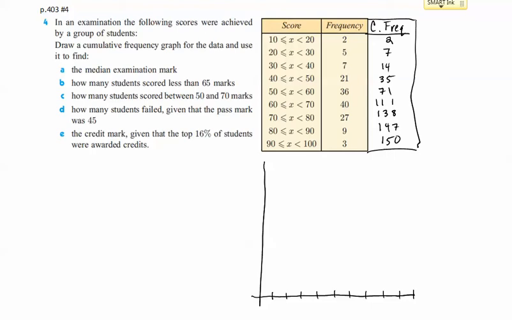So I'm assuming that 10 is still 0. 0 is 0, 10 is 0. So between 10 and 20, by the time I get to 20, I'm up to 2. Now I've got to get up to 150 students here. So maybe we go by tens over here as well: 10, 20, 30, 40, 50, 60, 70, 80, 90, 100, 10, 20, 30, 40, 50.